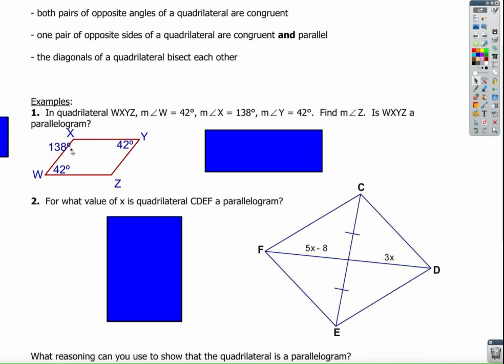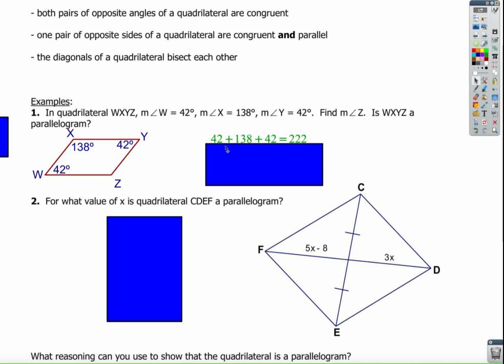Now looking at this, I would like to be able to just say, of course it's a parallelogram, but I need two sets of opposite angles to be equal. And I cannot just assume that this angle is 138 until I do the math. Well, we know that the interior angles of a quadrilateral add up to 360 degrees. So let's see what the interior angles that we already have add up to.